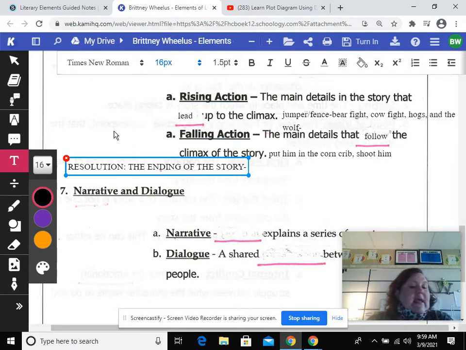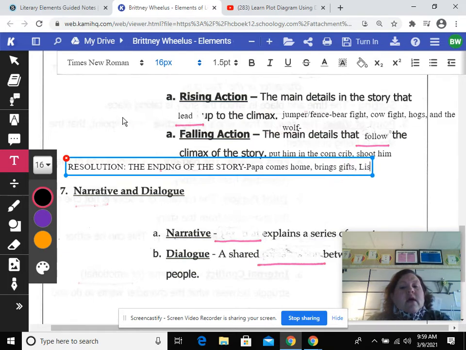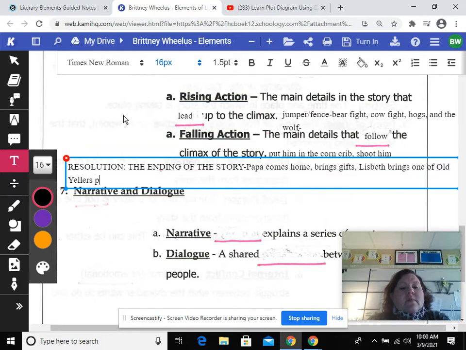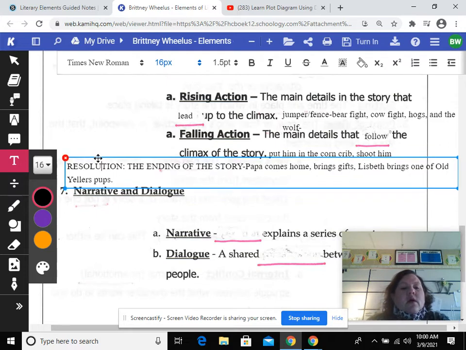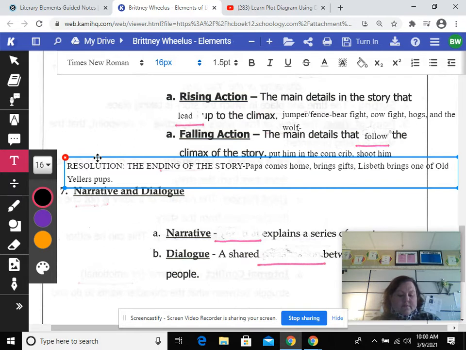Okay, so in the resolution of this story, all right, Papa comes home, brings gifts, and Elizabeth brings one of Old Yeller's cups. It doesn't have to be in all caps. Yeah, you probably do need to write all of that.